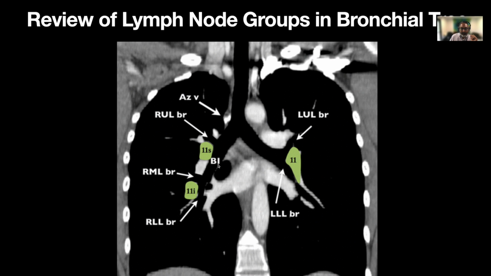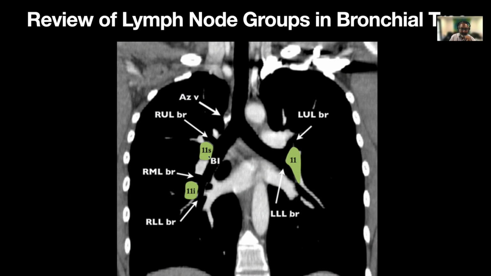There are actually two main lobar groups for the right lung and one main lobar group for the left lung. In the right lung you have the secondary bronchus of the upper lobe and the bronchus intermedius.